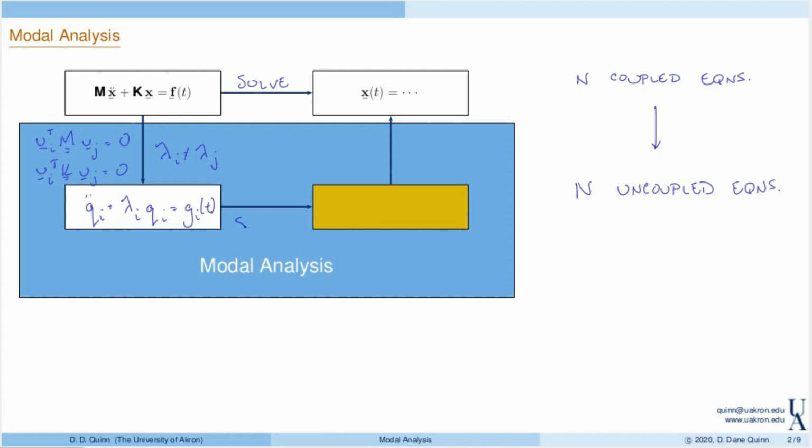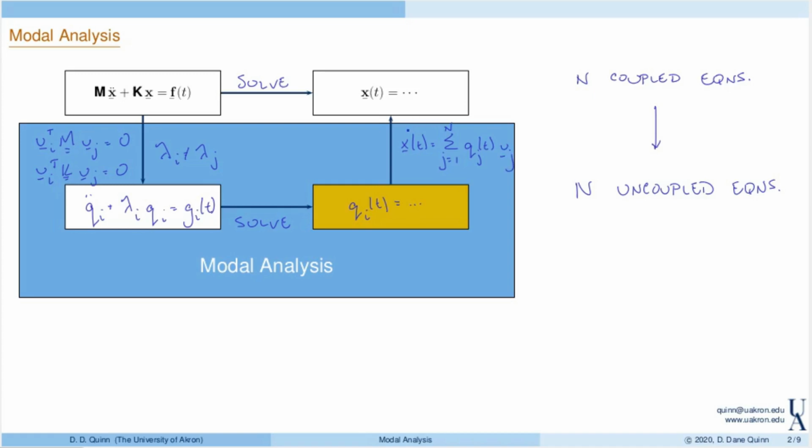Well, this actually is fairly easy to solve. So I can go and solve each one of these for these different modal coordinates. And once I have the modal coordinates, I can reconstruct the original solution. So x of t here was equal to the sum over all of the different modal coordinates, q_j times the mode shape u_j.